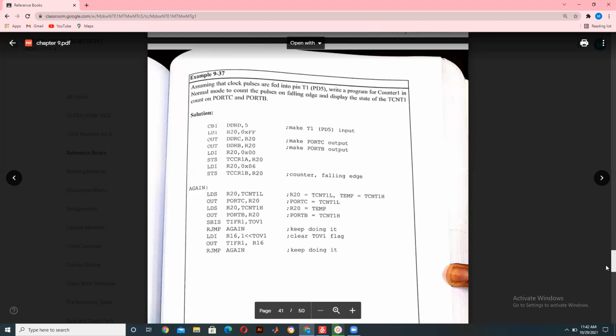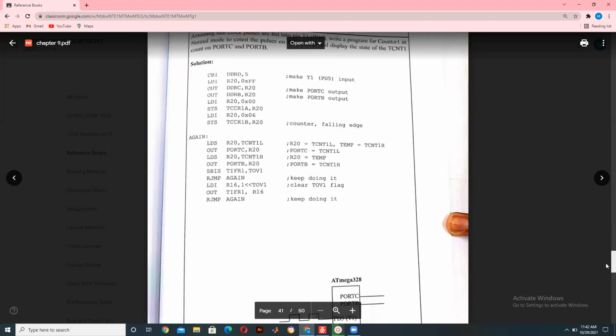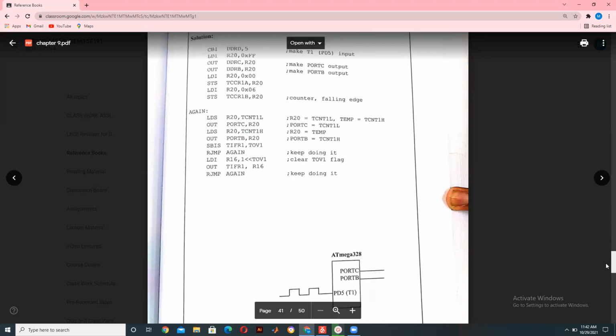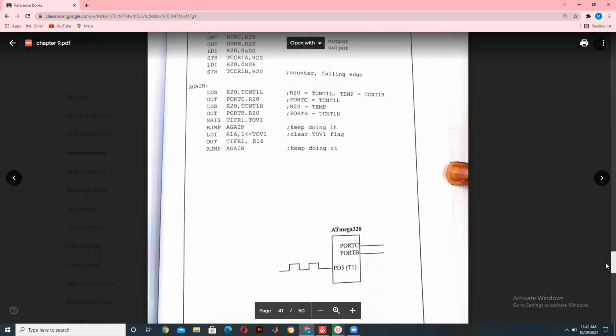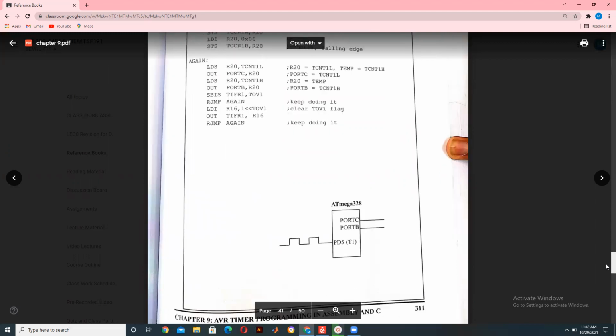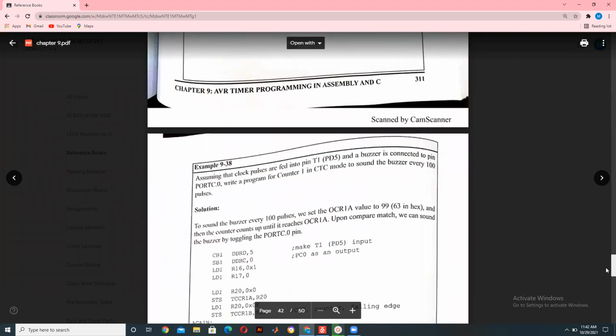R20 equals temporary, and then output to port B shows the temporary value. Then the TOV flag is raised, and this loops again and again until the condition is satisfied. As soon as it is satisfied, it would skip to the next command and clear the flag TOV1, and then simply we keep doing it again.